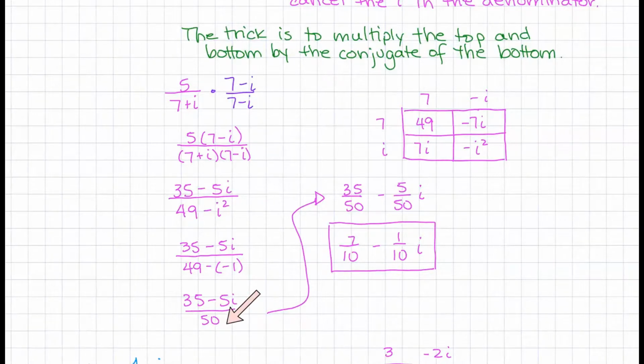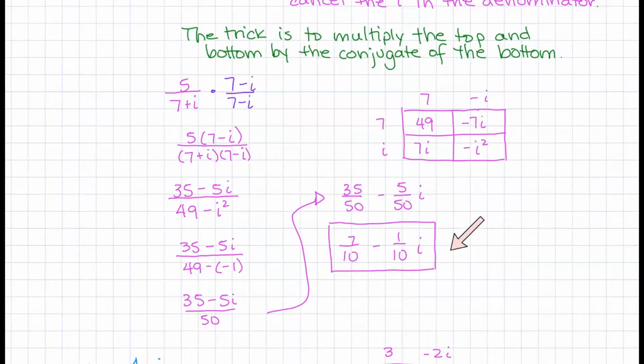By getting a real number in the denominator, then we can do a simple little division here, put each one of the terms in the numerator over the denominator, and then just reduce each fraction, and we get that as our answer. So the key is getting rid of the i, so we can get a real number in the bottom, so that way we can divide by the bottom and then get a plus bi.